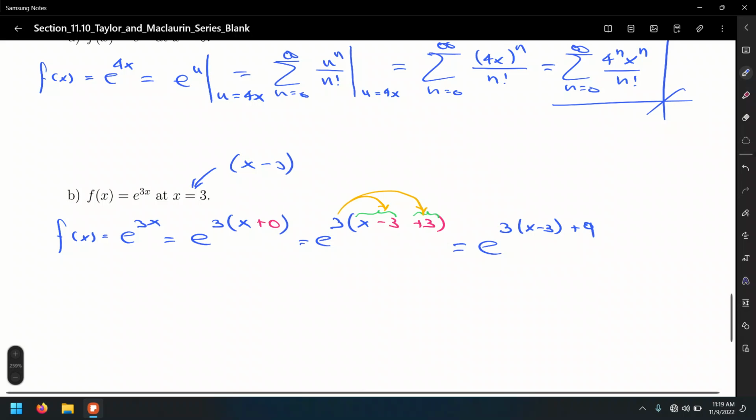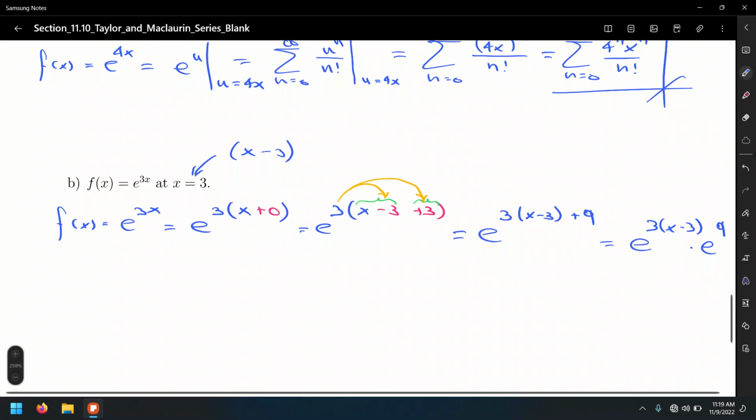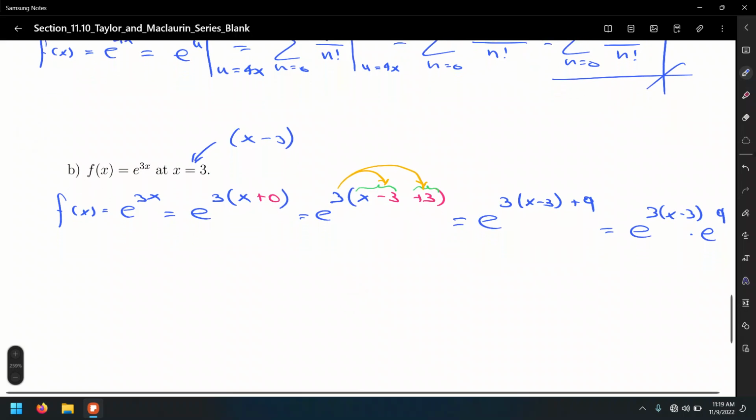So in this case, what we're going to use is the laws of exponents backwards. That is e to the 3 times (x minus 3) times e to the 9th power. The x minus 3. That's what I meant. Thank you. Minus 3. All right. Well, in this case, this e to the 9 looks more like a coefficient, so I'm just going to rewrite the order of the factors.